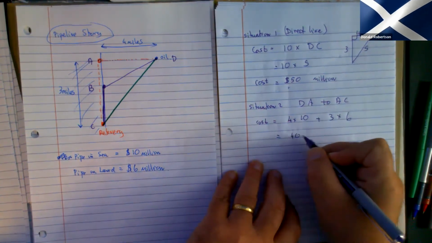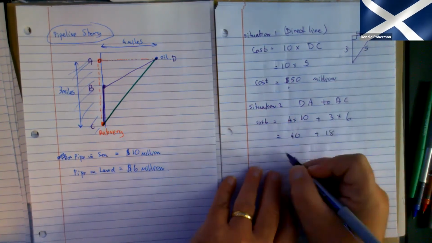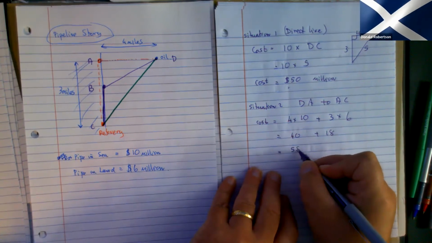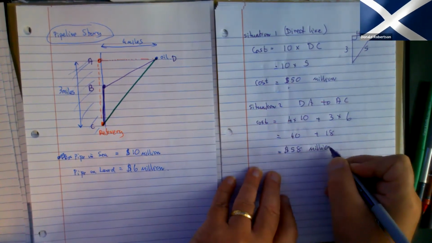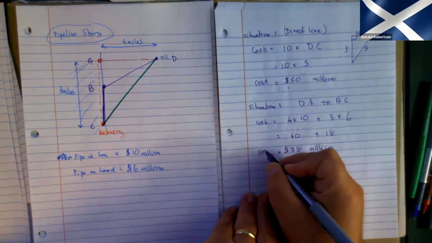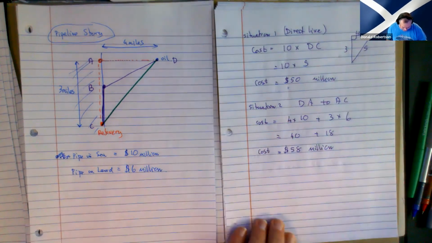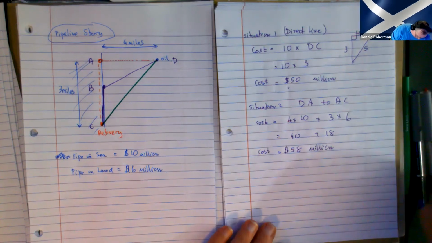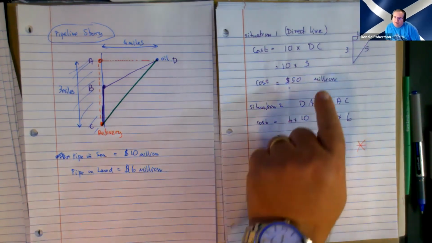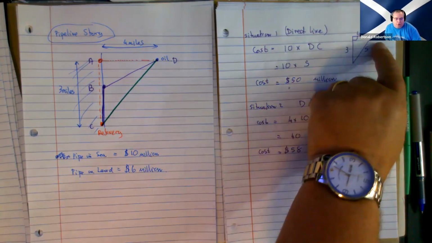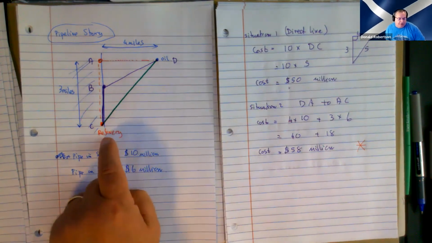So that's 40 plus 18. That's 58. So that's 58 million. Okay. Now that I've found that one, can I cross it off my list? So right now, the cheapest way seems to be just to go straight from the oil rig to the refinery.